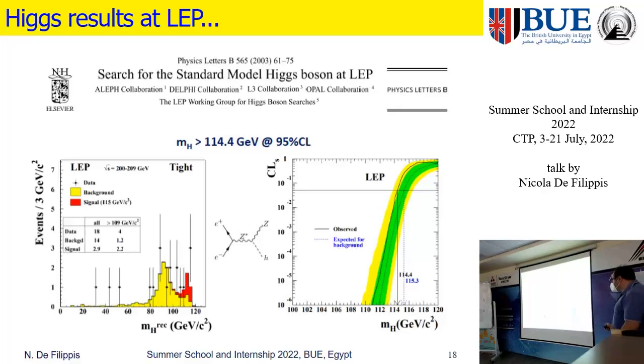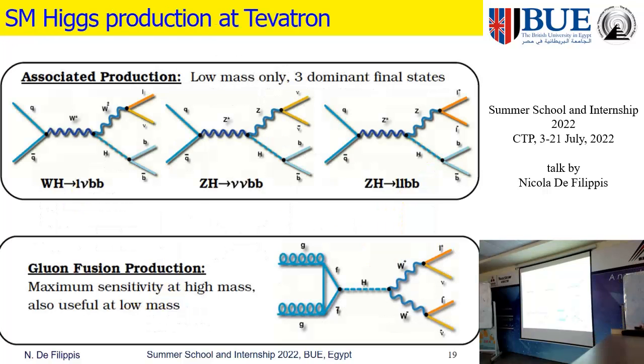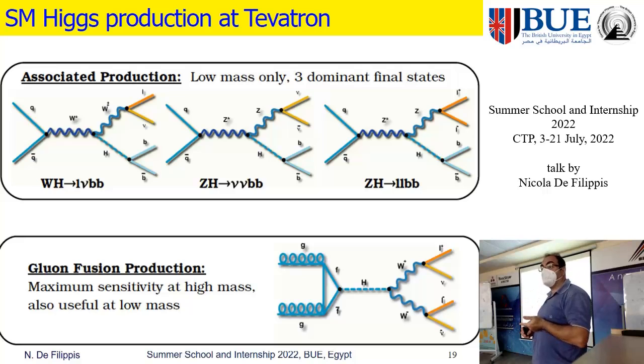And indeed it was a statistical fluctuation, because then we discovered the Higgs with the LHC at 125 GeV, so 10 GeV more than what was observed with the LEP collider. But the search for the Higgs was also done at the Tevatron at Fermilab in a different production mode, because the Tevatron was a proton anti-proton collider.